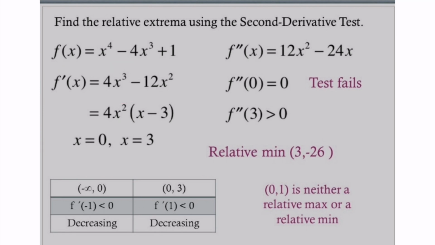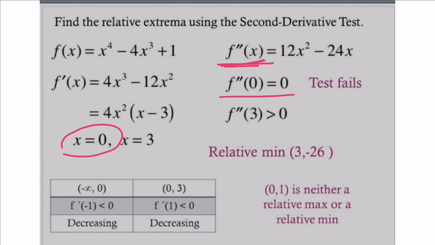Now by differentiating this function again, 4x power 3 becomes 12x power 2 and minus 12x power 2 becomes minus 24x. Now if we substitute x equal to 0 in the second derivative, we get f double dash equal to 0 at x equal to 0.